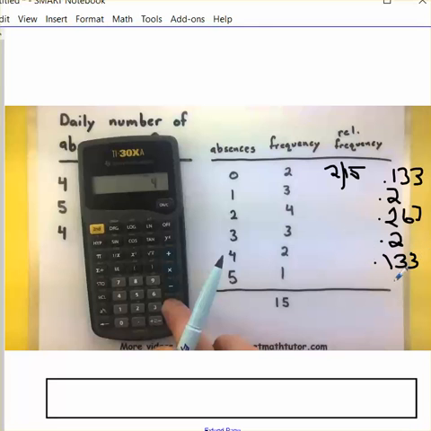And 1 out of 15 is going to be 0.067. So again, to get these relative frequencies, I took the frequency, this number here, and divided it by the total, this number there.